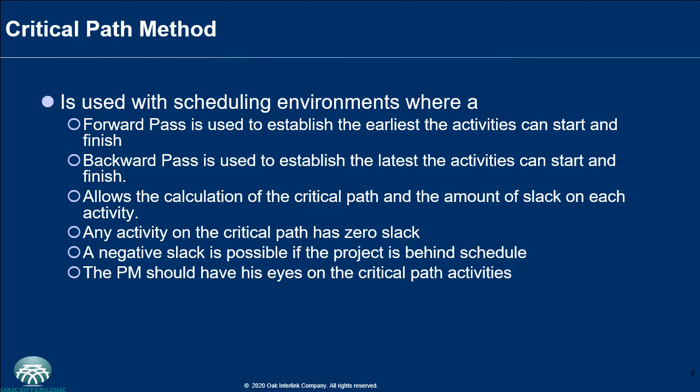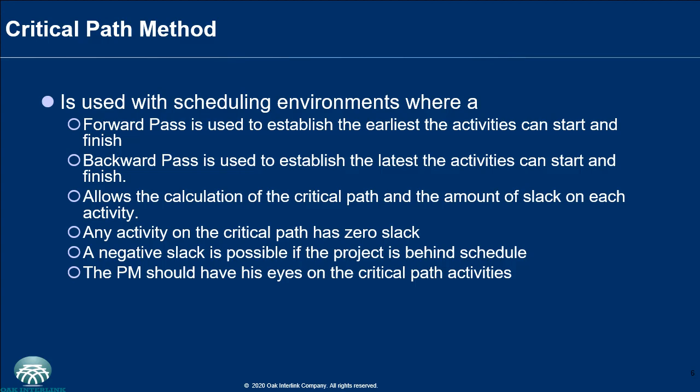It also allows for the calculation of the critical path and the amount of slack on each activity. Any activity on the critical path has zero slack, and you see how this plays out as we go on. A negative slack is possible, as I mentioned earlier on, if the project is behind schedule.